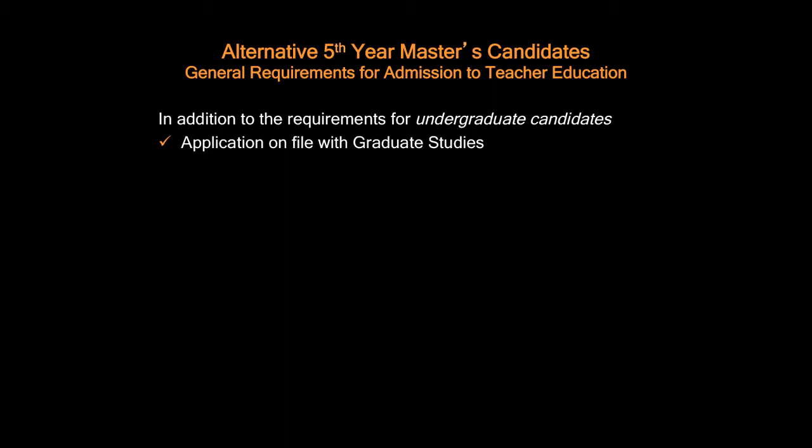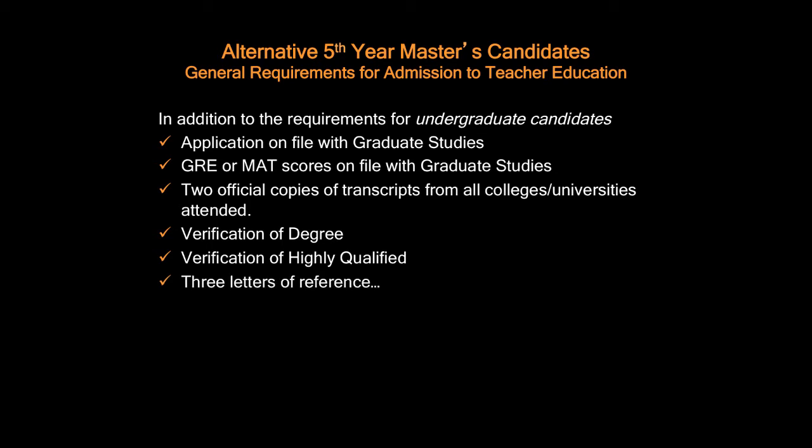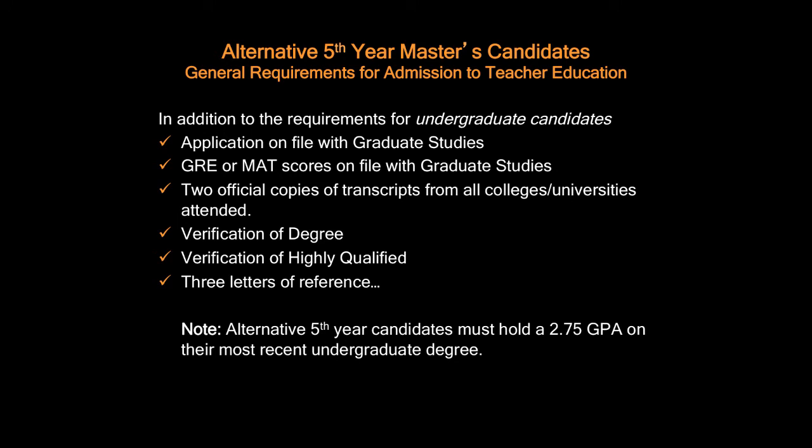You will need to complete an application on file with the Graduate Studies, have a GRE or MAT score on file with the Graduate Studies, have 2 official copies of transcripts from all colleges and universities attended, show verification of degree, as well as showing verification of being highly qualified. You will need 3 letters of reference. In addition, alternative fifth-year candidates must hold a 2.75 GPA in their most recent undergraduate degree.